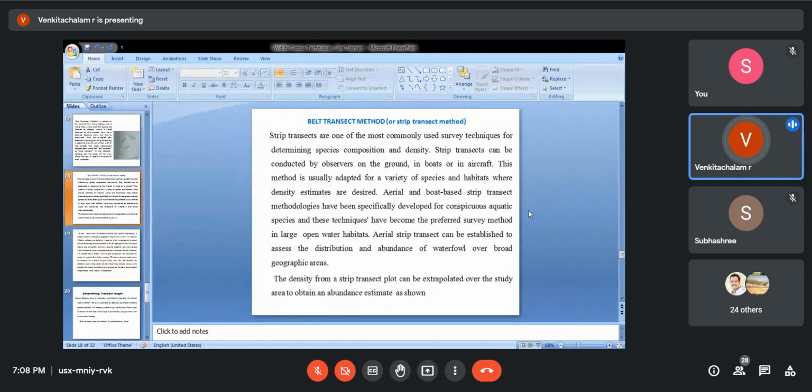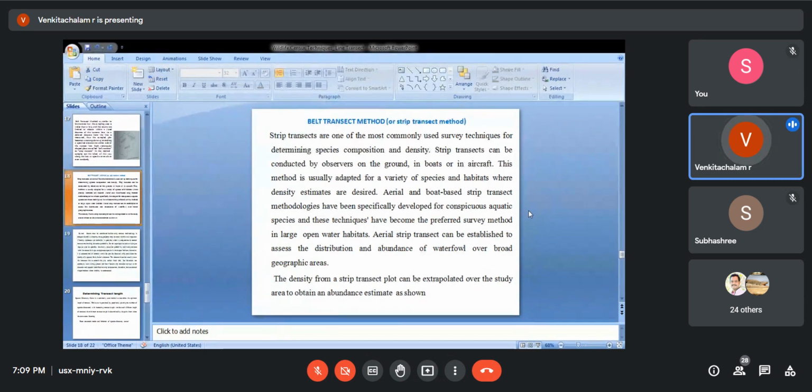This method is usually adopted for a variety of species and habitats where density estimates are desired. Aerial and boat-based strip transect methodology have been specifically developed for conspicuous aquatic species, and these techniques have become the preferred survey method in large open water habitat.